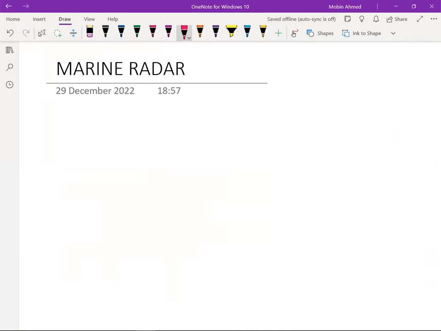There is a SOLAS regulation for this, and that is given in the carriage requirements as per Chapter 5, Safety of Navigation, Regulation 19.